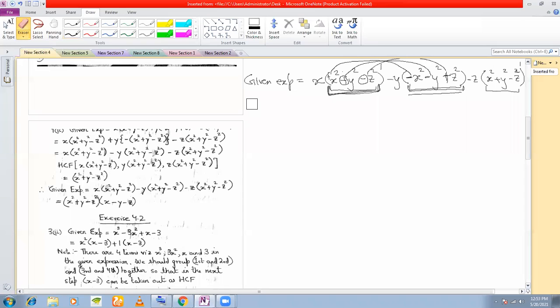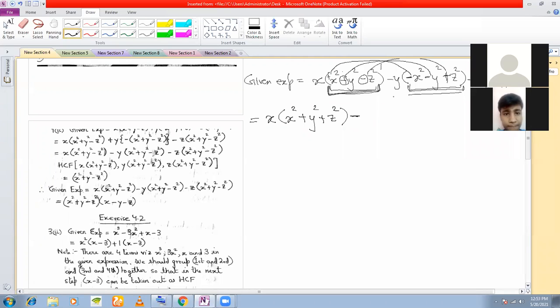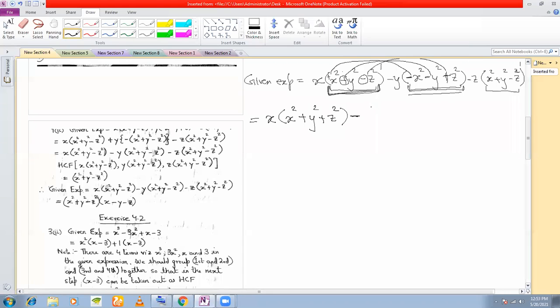So what you can do is, if this is the case, you write the first one as it is. That is x into (x square plus y square minus z square). Next one, what you do here is you give a minus sign and write a y.